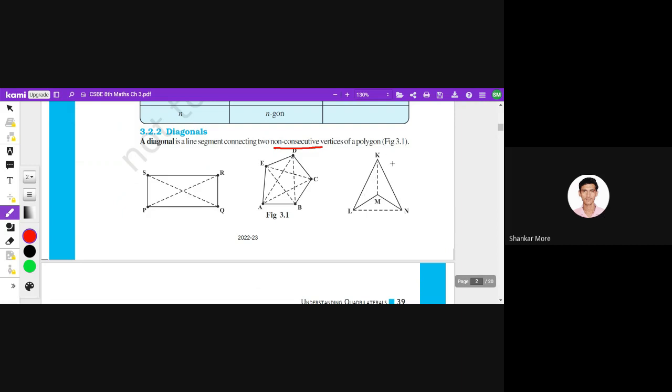This is again a polygon, or this can be considered as a quadrilateral also. KLMN. This is a polygon or quadrilateral, and it has two diagonals. The diagonals are KM and LN.